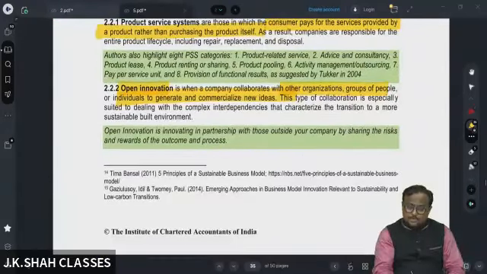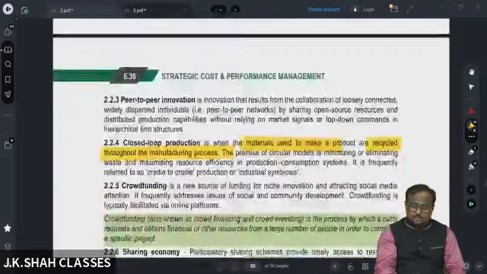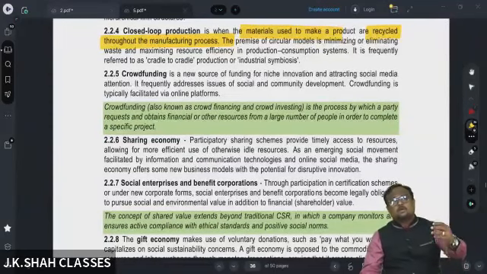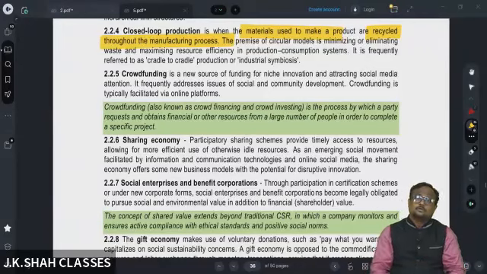See, open innovation can be diagonal. Like you have food supplied by Taj SATS to Air India.